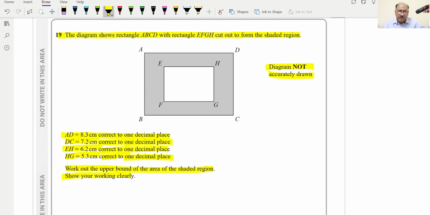We require the upper bound of the shaded region. First of all, we will write the measurements.